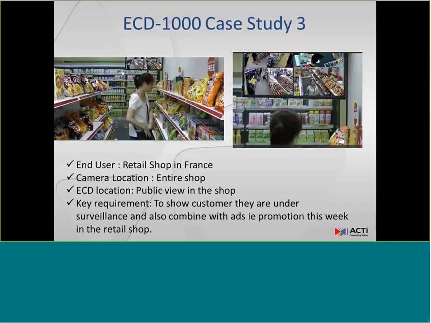In the future, I think more and more retailers will use digital signage as a communication tool to their customers. You can see the left picture here, it's hung on the aisles. We also have a case study in Australia.